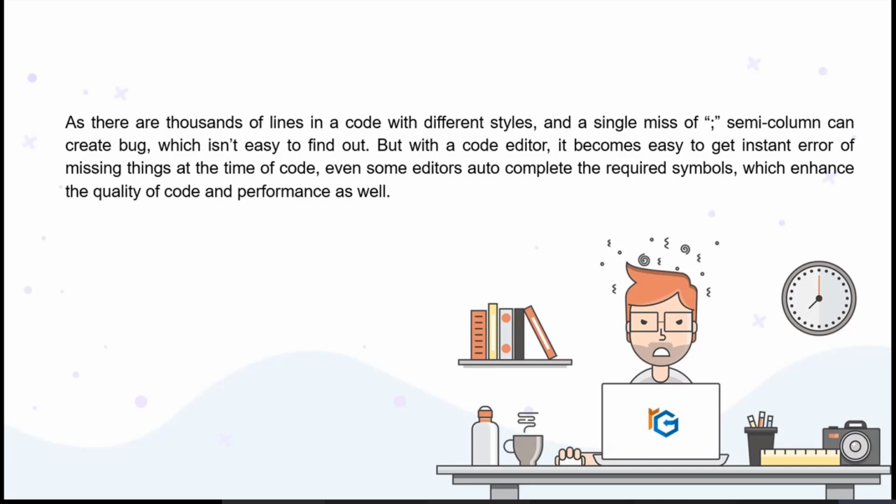There are plenty of code editors available, and some have enhanced capabilities: they automatically judge your instruction and put a semicolon at the end, or complete the required symbols accordingly so that your program can be error free, or they pop up or highlight that there must be a semicolon because an instruction is ending. Such code editors help you write efficient code, improve its quality, and enhance its performance as well.